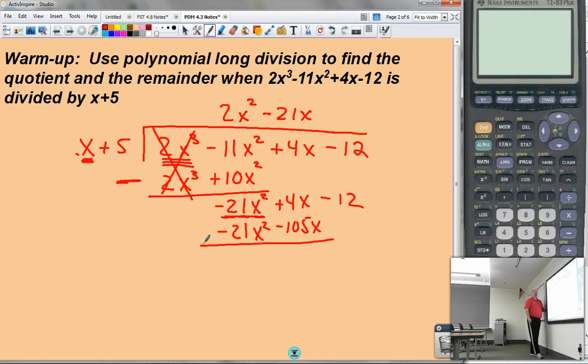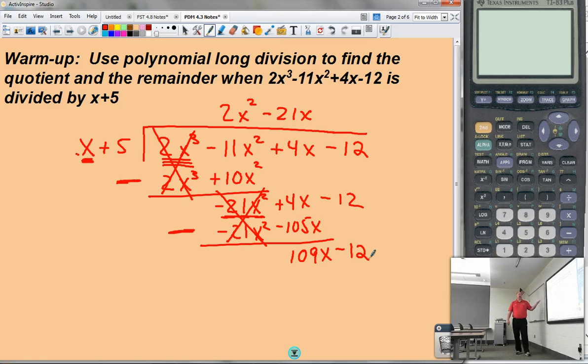Then I perform my subtraction again. Negative 21x squared and negative 21x squared will cancel out. 4 minus a negative 105 is 109, and so I get 109x minus 12.